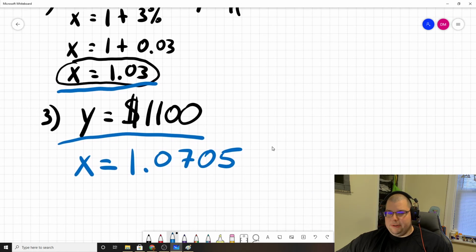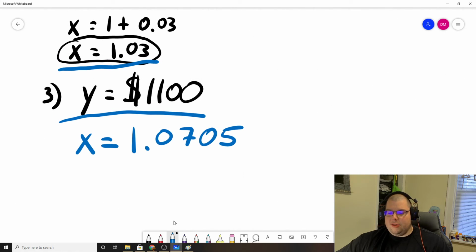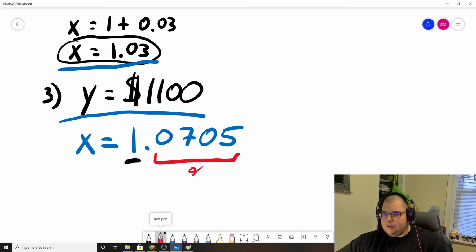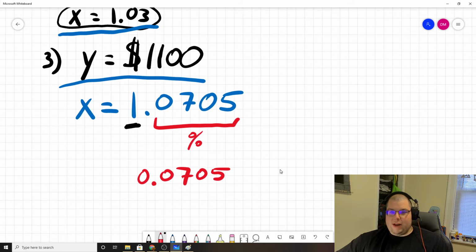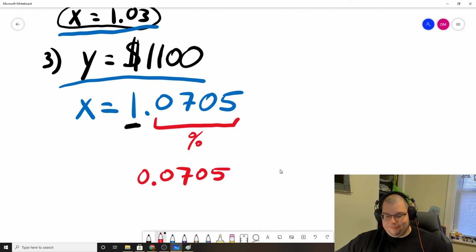Now with this particular problem, this 1 is always going to be there. It's this piece that represents the percent. So the decimal 0.0705 is what I need to change to a percentage to find the interest rate.